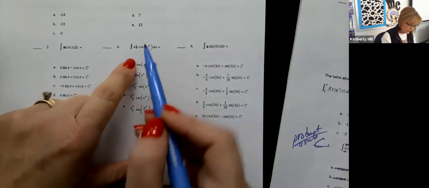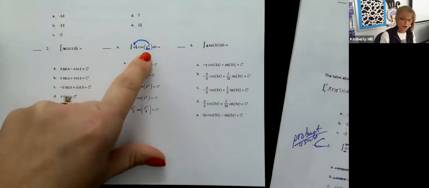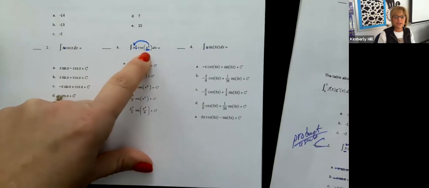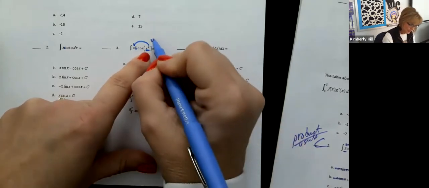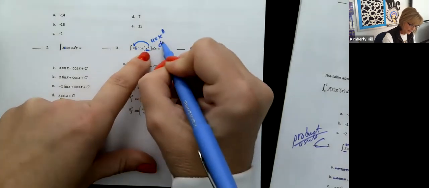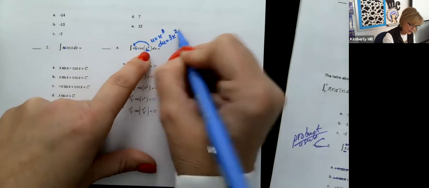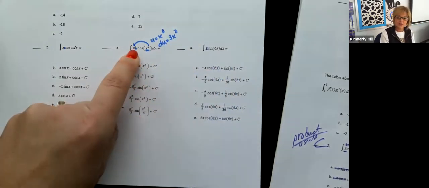To do u-substitution, remember your composition, whatever you're taking the cosine of, the x cubed, if that becomes your u, when you find du, it has to give you something that matches what's out here.